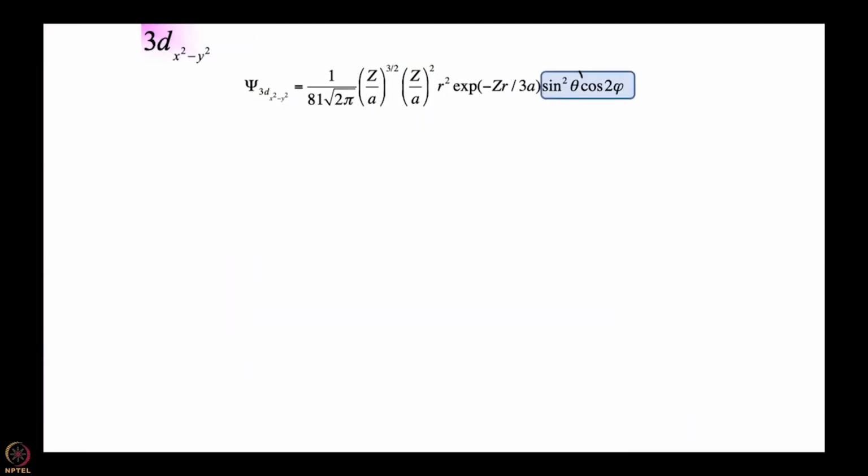That is simple. Let us have a look at the angular part of 3d x square minus y square, which will lead us to this label x square minus y square in the first place. What we have there is sin square theta multiplied by cos 2 phi. So, what is cos 2 phi?